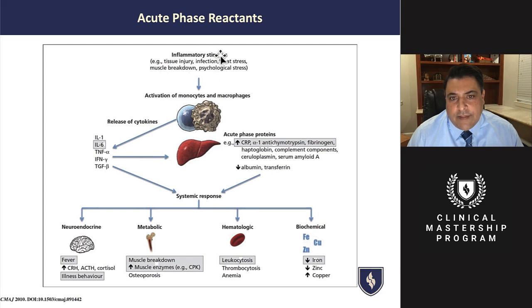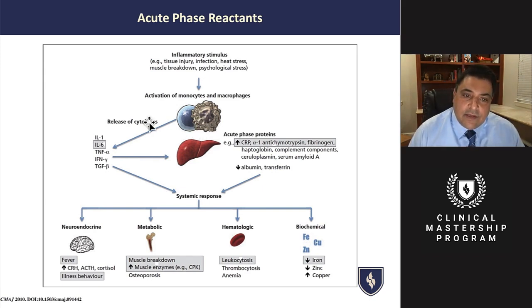There's some type of inflammatory stimulus: tissue injury, infection, heat stress, muscle breakdown, psychological stress, surgery. Those tissue injuries release mediators that then activate macrophages and monocytes. Those mediators are also cytokines, and those cytokines activate these immune cells, which then produce a high degree of cytokines.